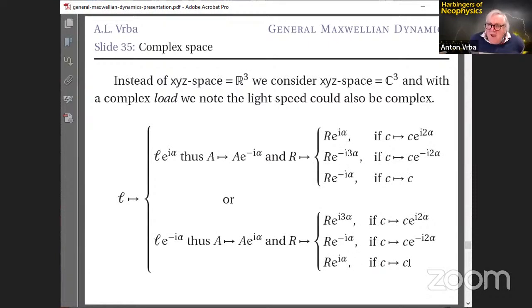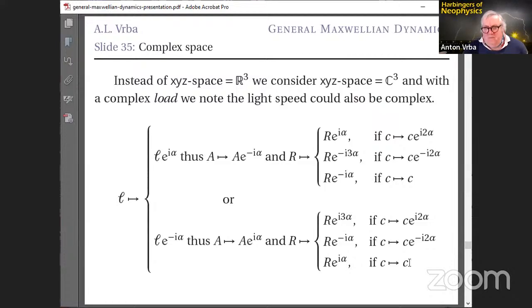Now, how do I make particles with this? And this is where the space that we work in, instead of working in a real space, I'll start working in a complex space. And I'll also allow the load to be complex.